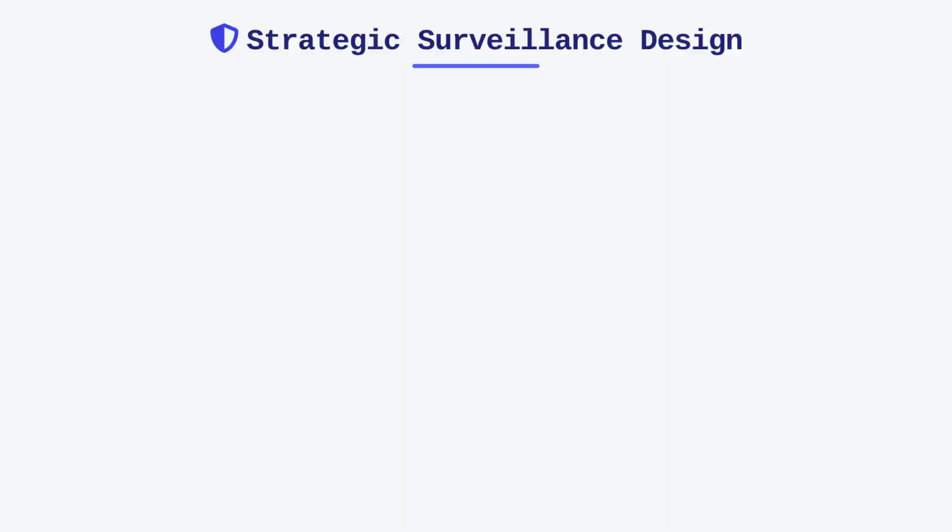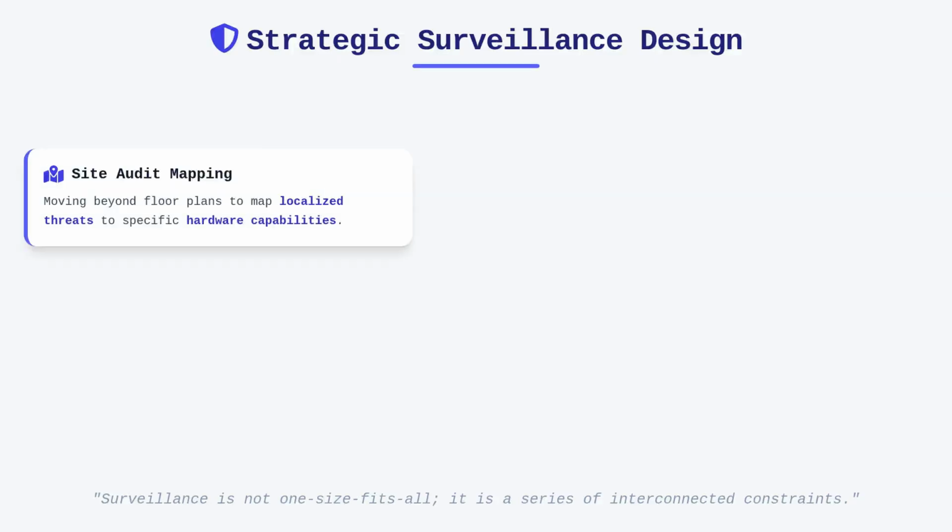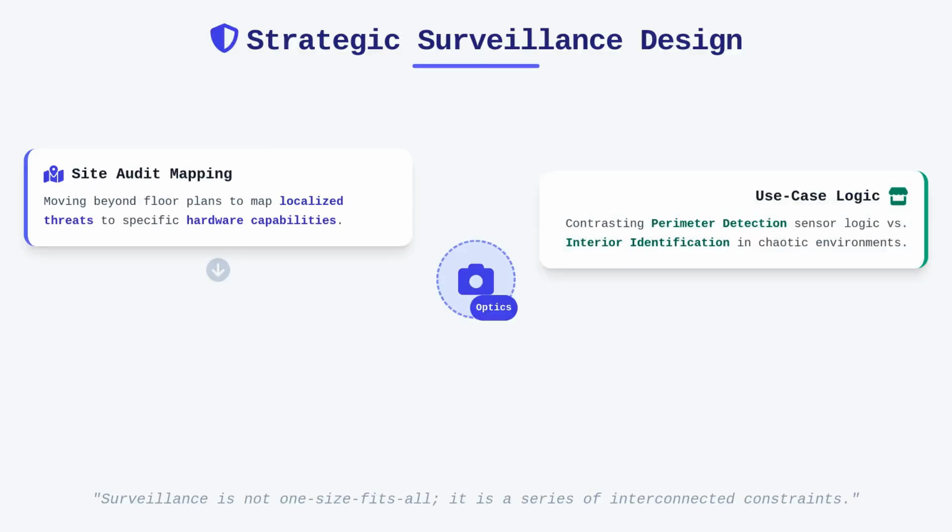Design begins by acknowledging that surveillance is never a one-size-fits-all endeavor, but a series of interconnected constraints. When we sit down to draft a comprehensive site audit, we cannot simply look at a floor plan in isolation. We must map localized threats to specific hardware capabilities. A camera responsible for perimeter detection requires vastly different optics and sensor logic than one intended for interior identification in a chaotic retail environment.